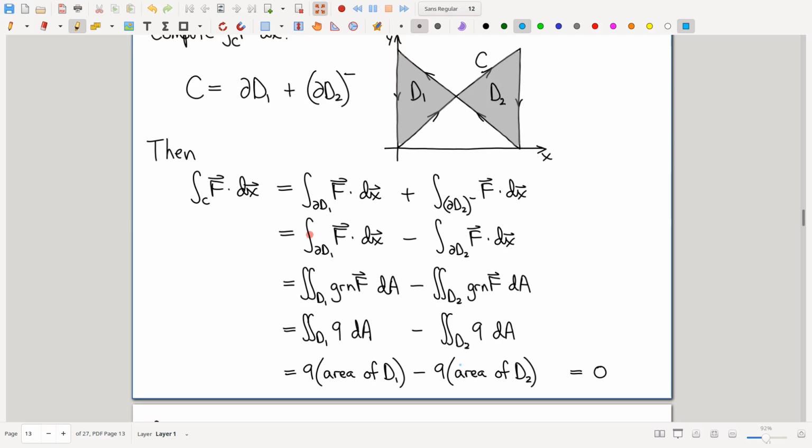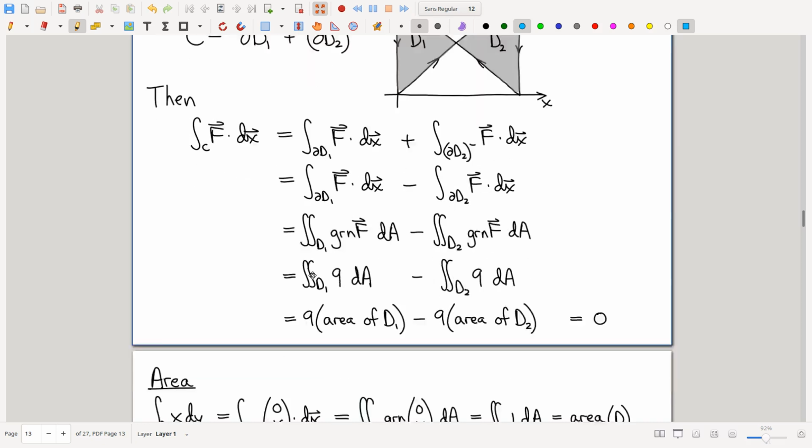A casual glance at our picture: D1 and D2 have the same area. That difference is 0. Is that cool? Pretty happy? All right, so I didn't have to parameterize 4 separate things. I just made clever observations and invoked big theorems and avoided any real work.